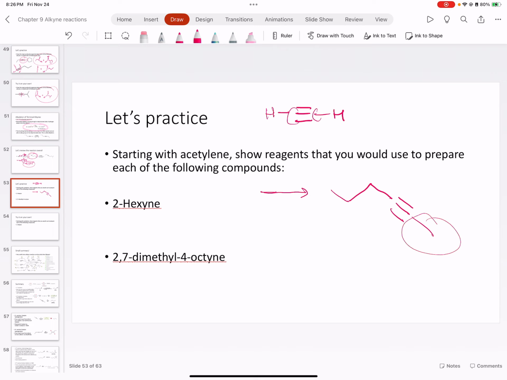So I have an added metal group to this one. Let's see, 1, 2, 3. It's gonna be a 1, 2, 3, and 4 step. If you see here, we start from here and we end with 2 different groups, right?